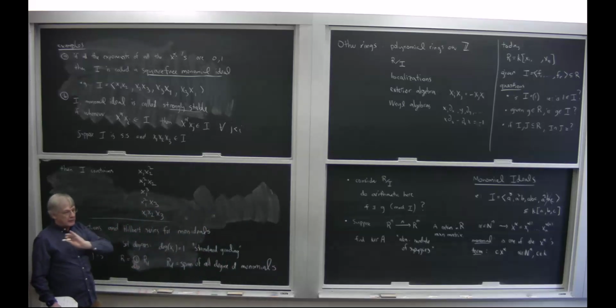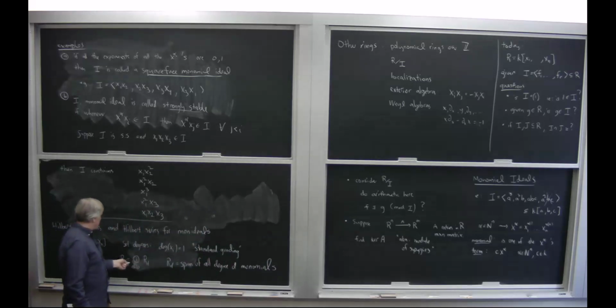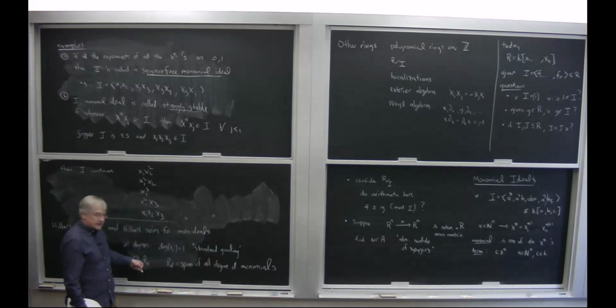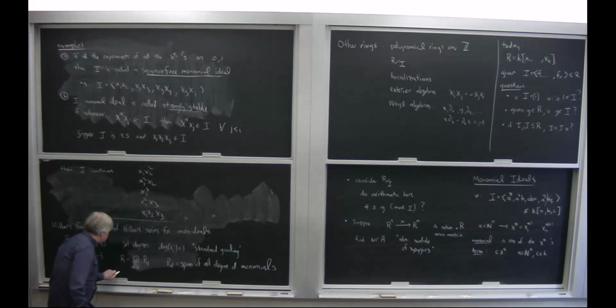This always bothered me when I was first learning the game: is this an equality as rings, as sets, as abelian groups? Well, each one of these things is just the span. These are vector spaces here, or abelian groups if it were over Z, for instance. So this is as vector spaces.